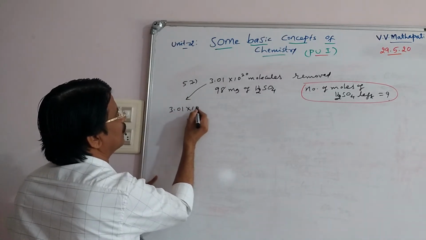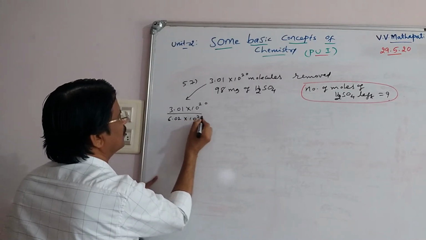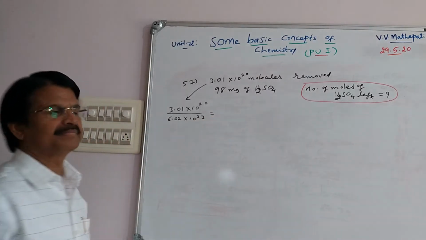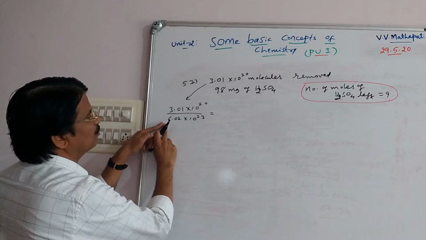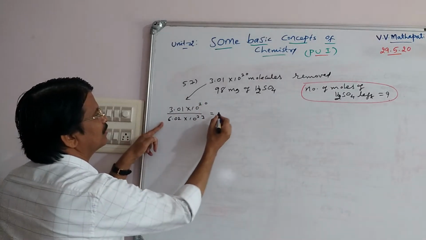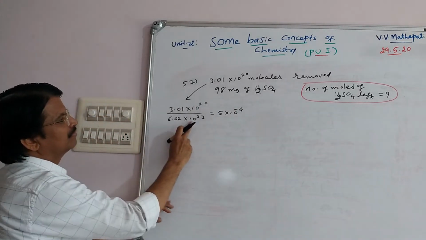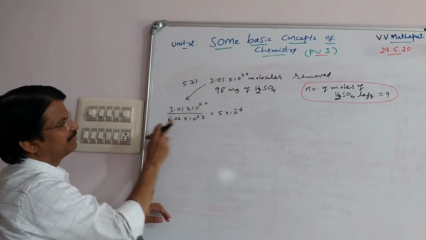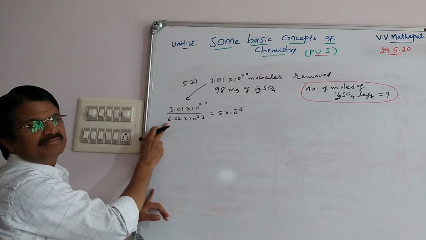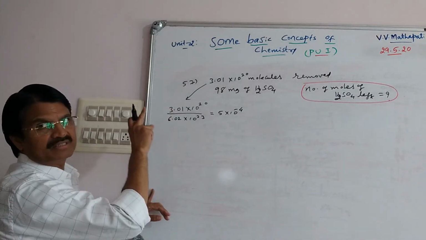3.01 into 10 to the power of 20 by Avogadro number 6.02 into 10 to the power of 23 equals. See here, 3 ones are 3, 2 threes are 6, so 1 by 2, and 10 to the power minus 3, giving 1 by 2 into 10 raised to minus 3.